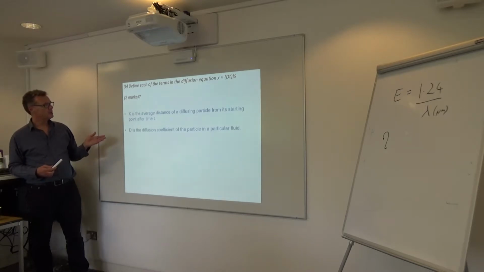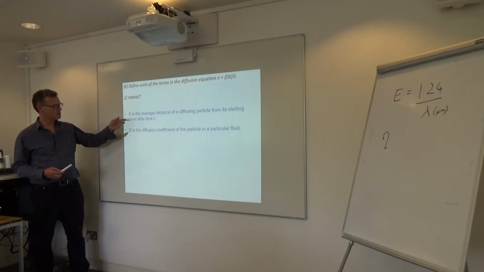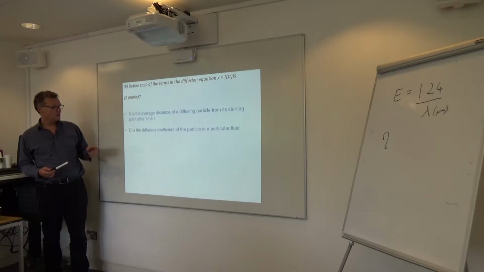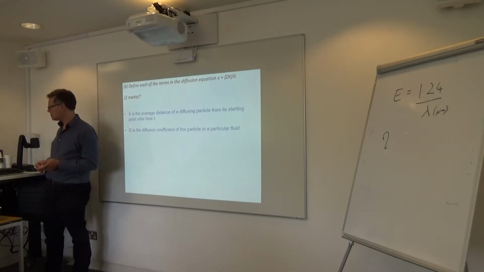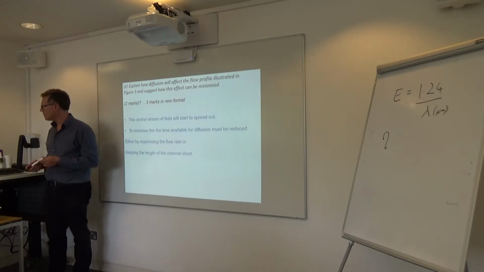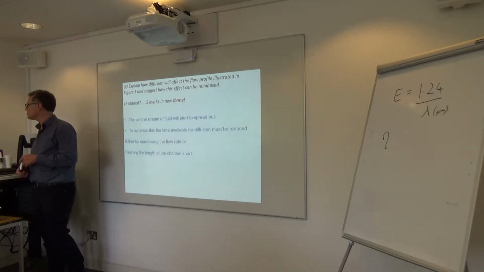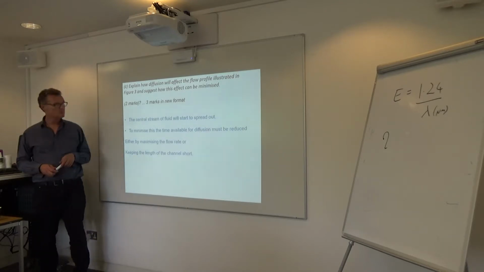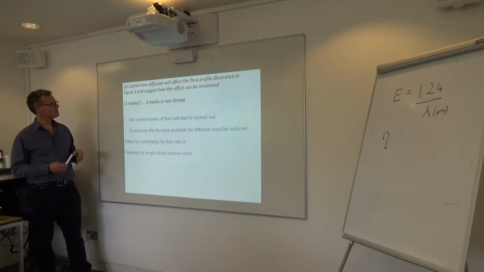Here, part B, define your terms. We take the time to be a variable understood as read or as part of our answer. So x is the distance away that the particle is diffused, and D is the diffusion coefficient. Part C, explain the diffusion, how it affects the profile. So this one is possibly 3 marks.